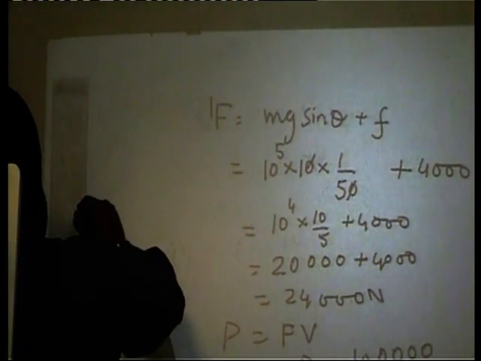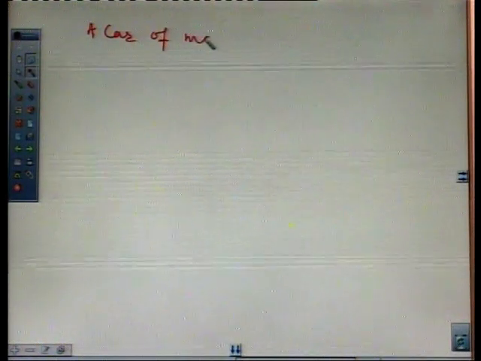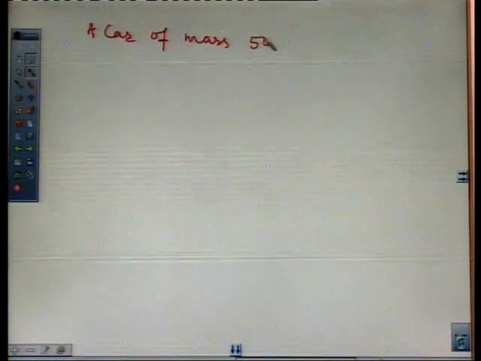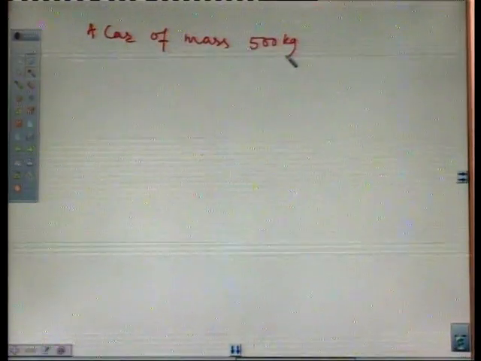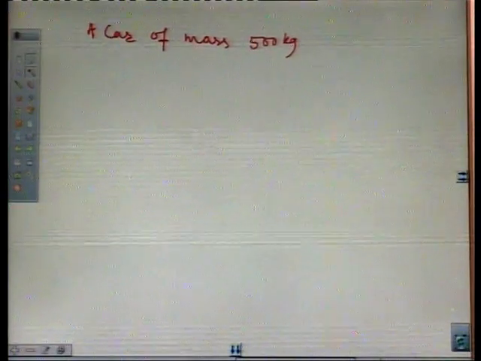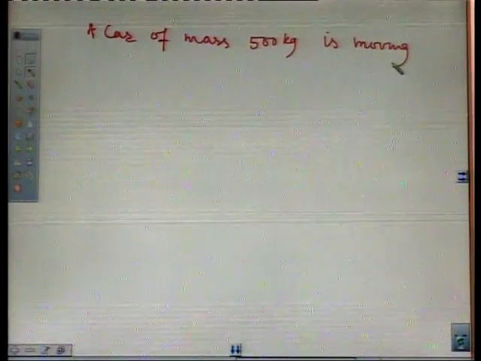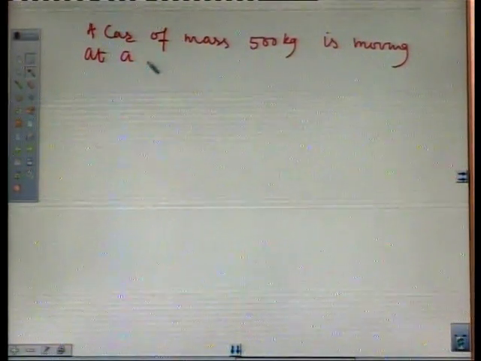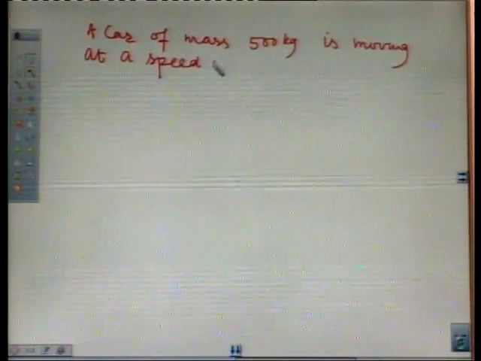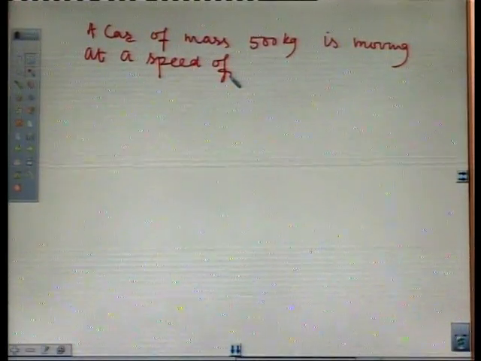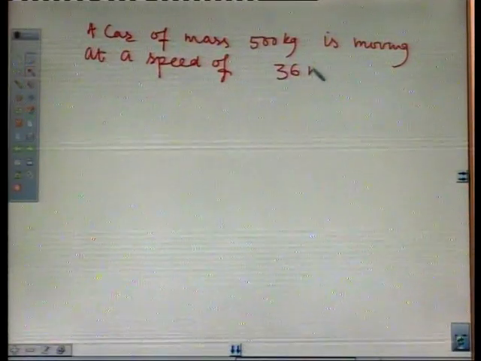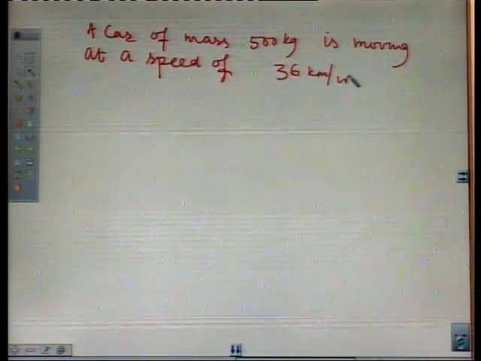Next question. A car of mass 500 kg is moving at a speed of 36 kilometer per hour.